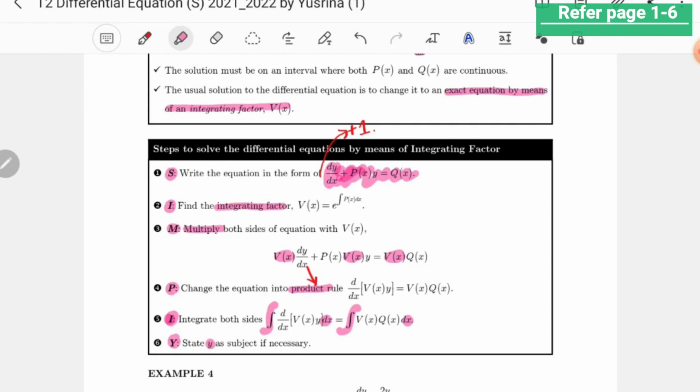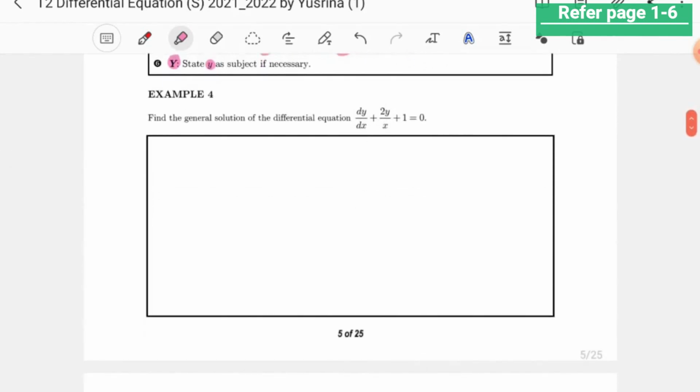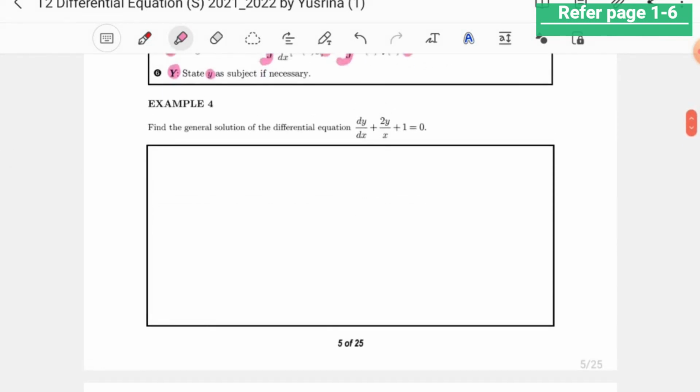Okay, we go to example 4. Find the general solution of the differential equation dy/dx + 2y/x = -1. First, make sure the equation is in the standard form. The coefficient of dy/dx is positive 1, and the standard form is dy/dx + p(x)y = q(x).